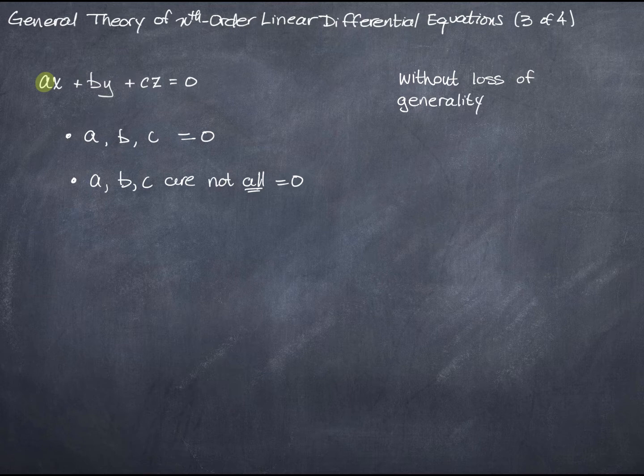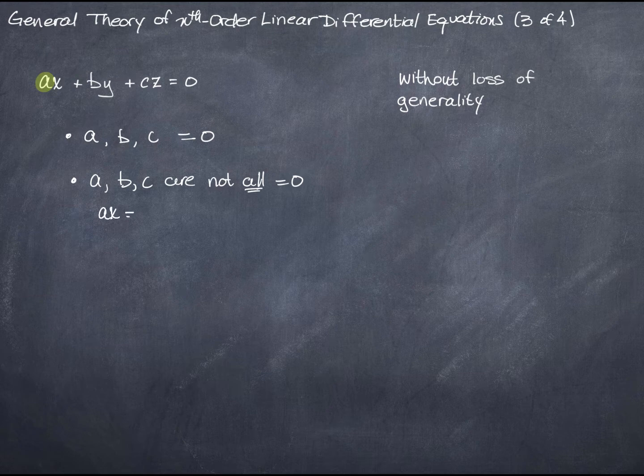What that means is that I'm assuming A is not equal to 0, but once I've shown you what I'm going to show you down here, I don't need to show you the same thing for B and C because the same idea holds. So I'm generalizing it, just using A as the random choice. And I don't lose the generality of the statement that the same holds for B and the same holds for C.